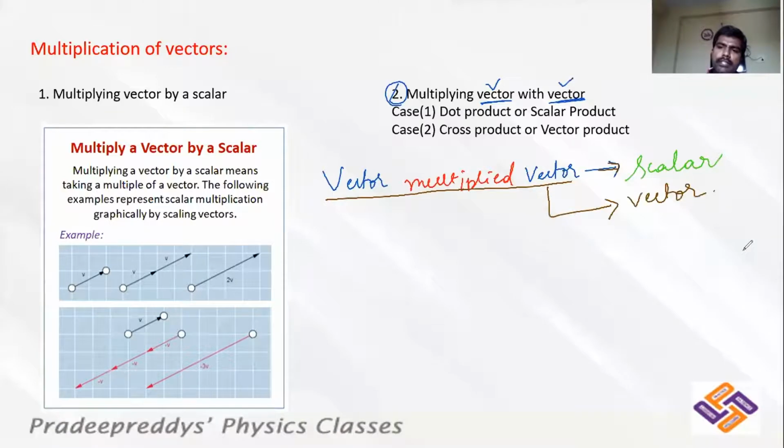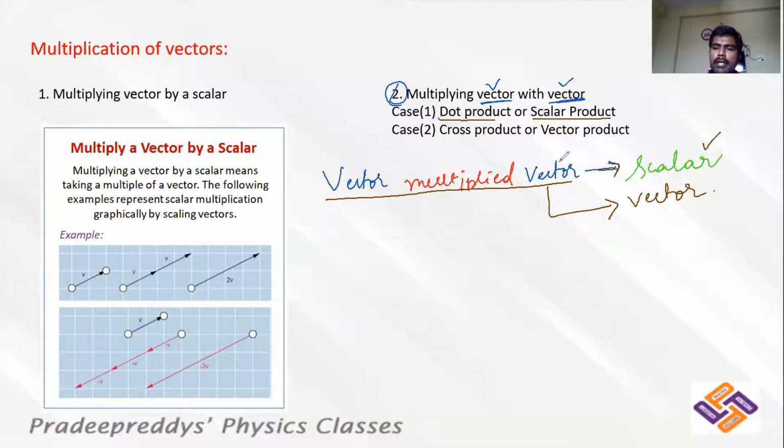That depends upon which type of physical quantities you are multiplying. So when you are multiplying two vectors such that the resultant is a scalar quantity, then such type of multiplication is called dot product or scalar product.